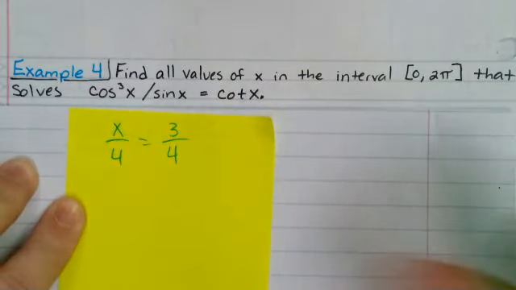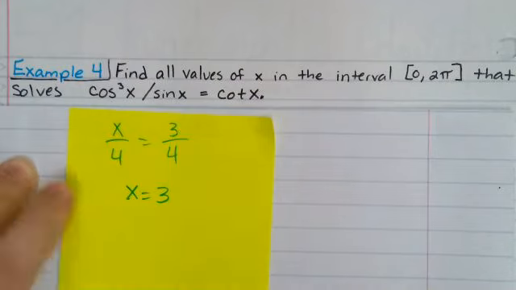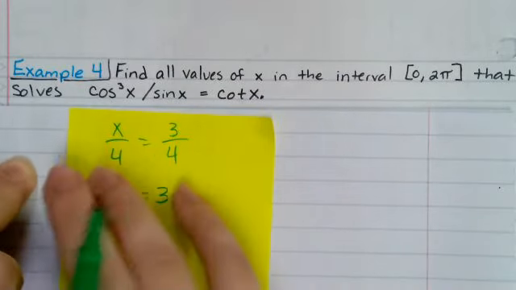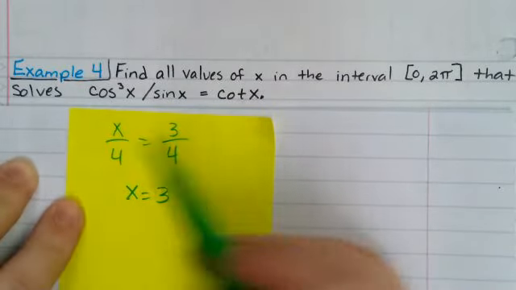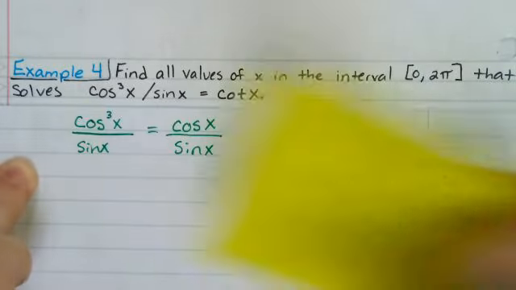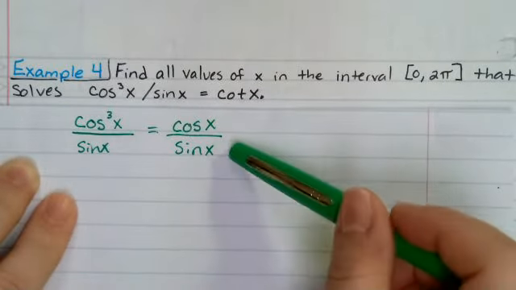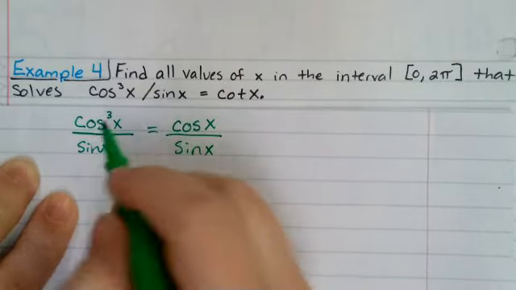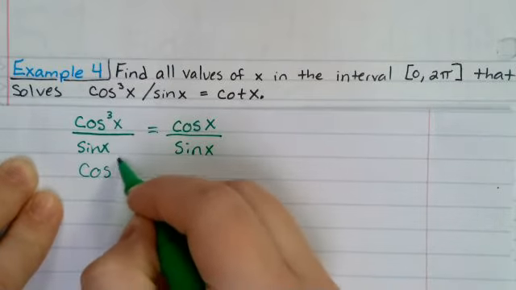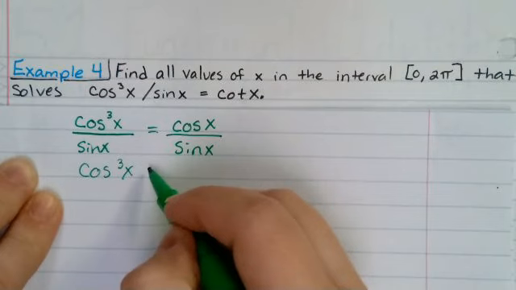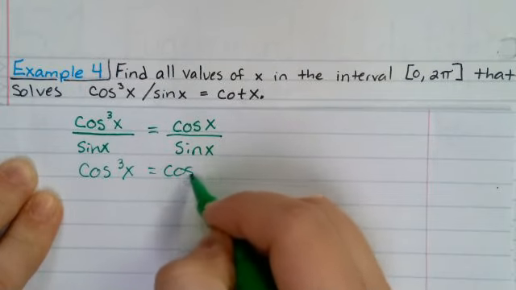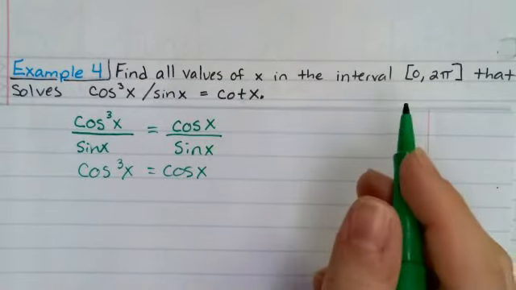Well, if you knew that, then that means x is 3. You can get rid of the denominators. It's just kind of a logical thing. It's the same idea as multiplying both sides by 4. So you could view this as multiplying both sides by sine, and it cancels it out. But that becomes cosine cubed x equals cosine of x.